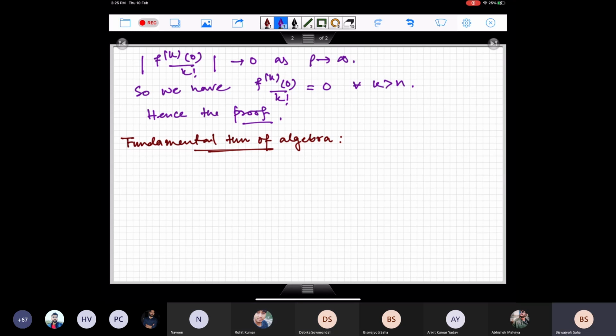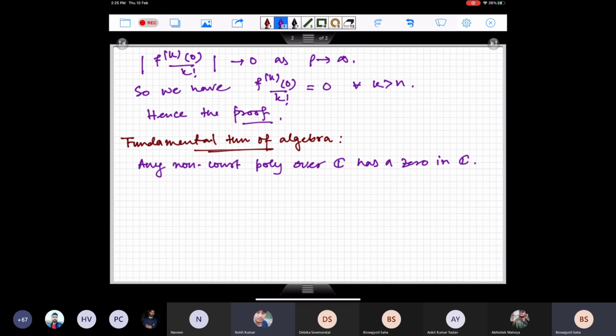Yes, it says that any non-constant polynomial over C has a zero in C. That means if I take any non-constant polynomial with complex coefficients, then it must have a zero in the set of complex numbers.